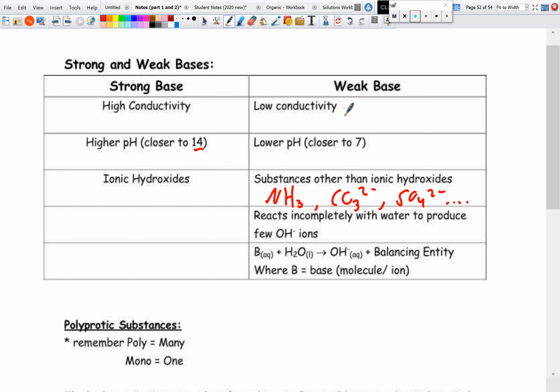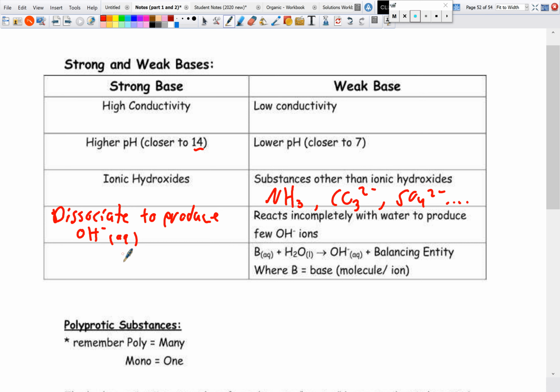Now, for a weak base, we've seen with the modified Arrhenius theory that a weak base needs to react with water to produce hydroxide ions. A strong base, which is a metallic hydroxide, doesn't react with water, because remember, these dissociate. That was one of the huge differences.